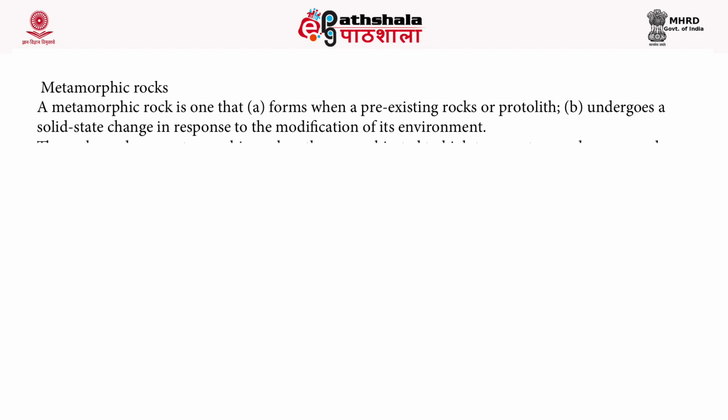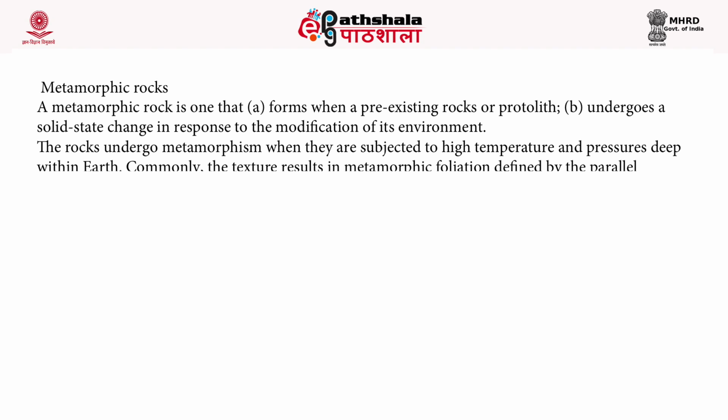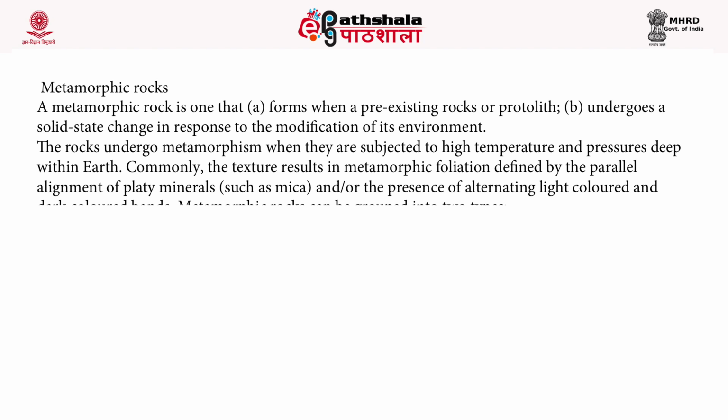The rocks undergo metamorphism when they are subjected to high temperature and pressure deep within the earth. Commonly, the texture that results from metamorphism is foliation. Foliation is defined as parallel arrangement of platy minerals such as mica and or alternating light colored and dark colored bands.